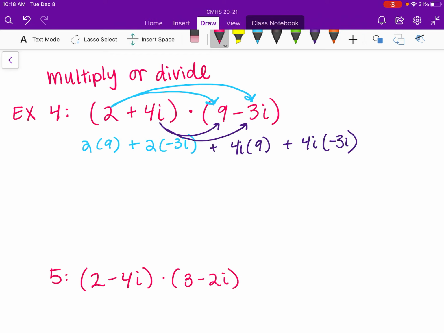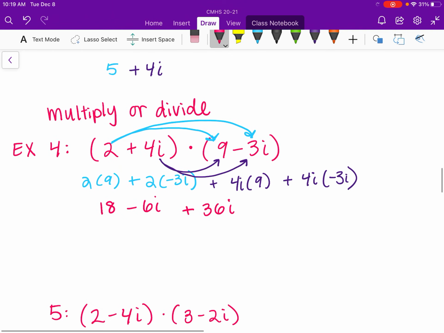Now we can simplify. So let's start over here. 2 times 9 is 18. 2 times negative 3i, just treat it like a variable, is 2 times negative 3 is negative 6i. And plus 4i times 9. 4 times 9 is 36i.